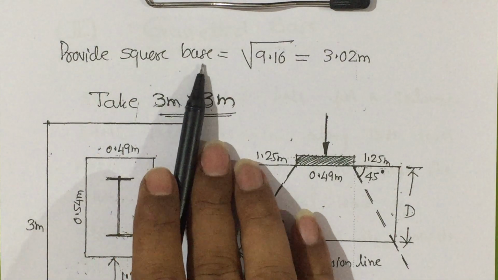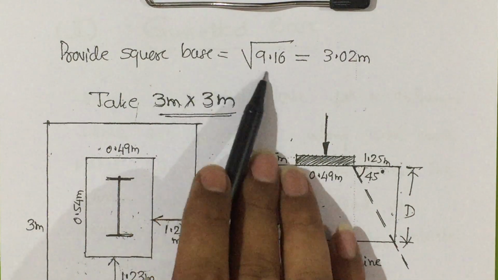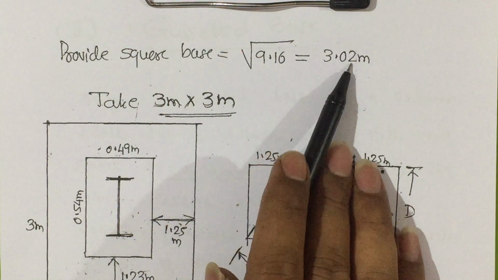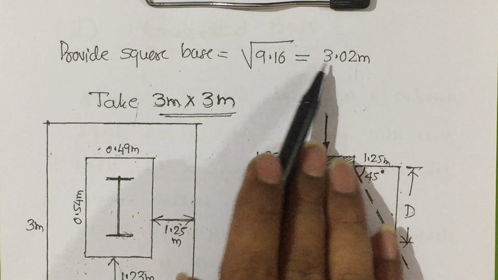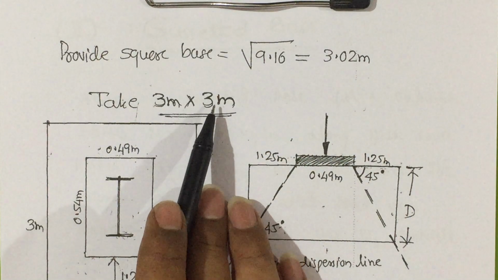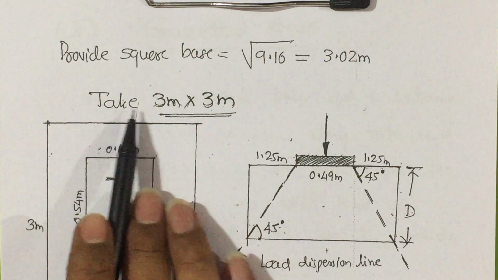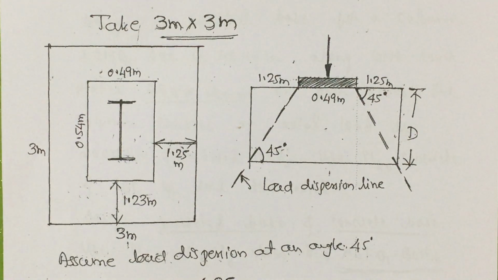Therefore, provide a square base. Square base means take the square root of the total area we got. We are going to get 3.02 meters. So, round up to the nearest value. Let us take that as 3 meters. Since it is a square, both side dimensions will be the same. Therefore, take 3 meter by 3 meter.